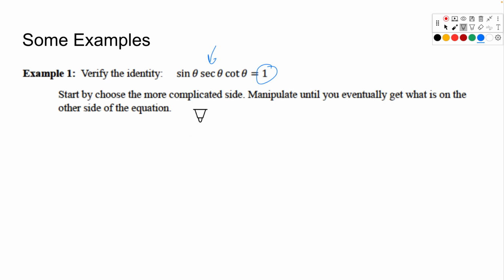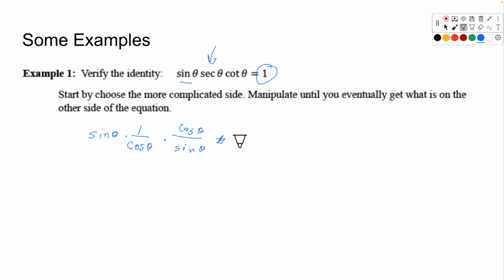So sine theta is already sine theta, so I don't have to do anything with that. This middle one is secant theta. What is secant theta? 1 over cosine. Cotangent we could write as 1 over tangent, but again, I want sine and cosine. It's cosine over sine. Good. Cosine theta over sine theta.